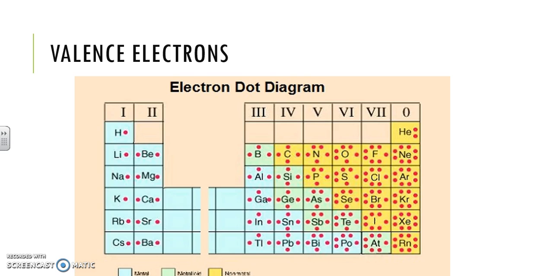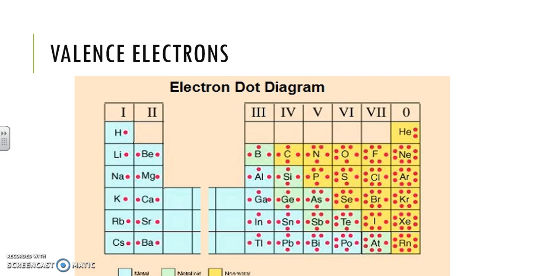So the first group that starts with hydrogen has 1 valence electron, beryllium's group 2, boron's group 3, carbon's group 4, nitrogen's group 5, oxygen group 6, fluorine's group, the halogens, 7, and helium's group, the noble gases, will have 8. Notice that there is one exception there. Helium only has 2, and that's just because he's so tiny he can't actually fit 8 electrons around the outside.